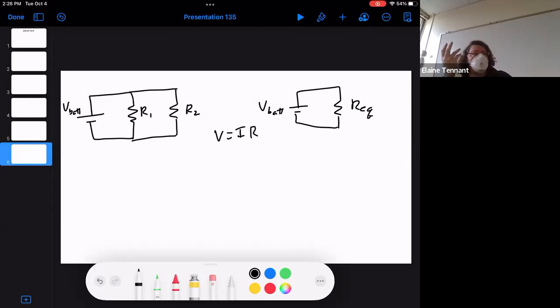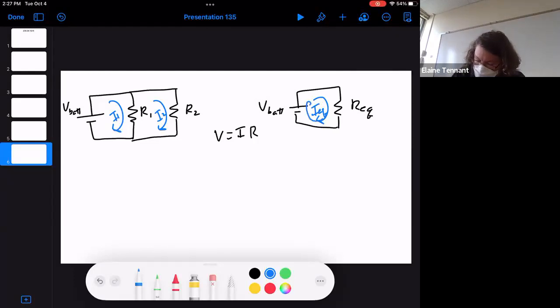Is there anything that we can say about the current? In particular, is there something we could say about the current going through R1, the current going through R2, and the current going through this equivalent resistor? We're going to total it up. Okay, and you'd be right, because over here in this equivalent resistor, the current going through the resistor is going to be the same as the current going through the battery, right?